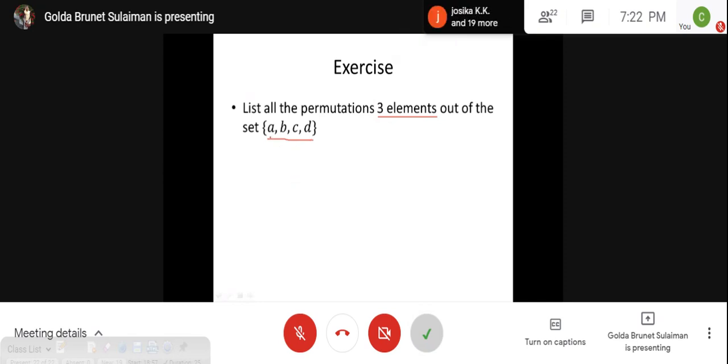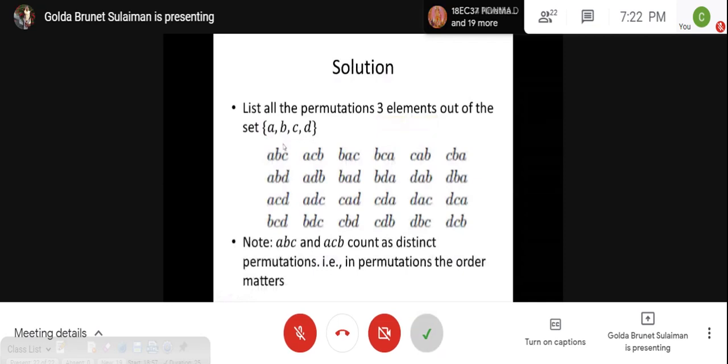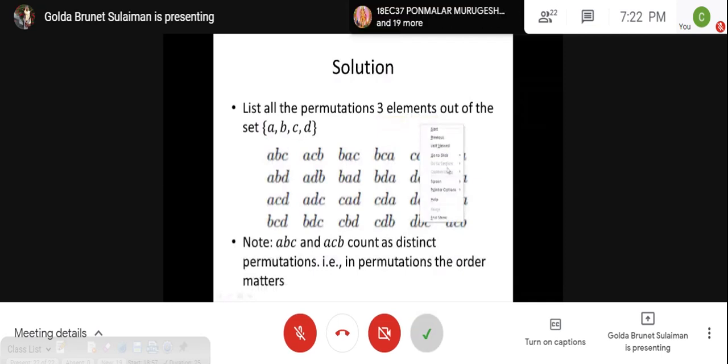So what will be the answer? You will have ABC, ABD, right? Anyone try? How many different elements you have? 4 into 3 into 2. 24. Great. Okay, so you have 24.